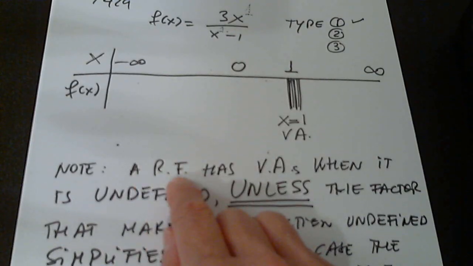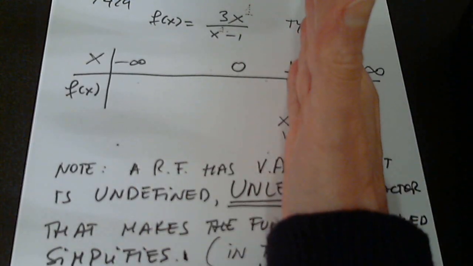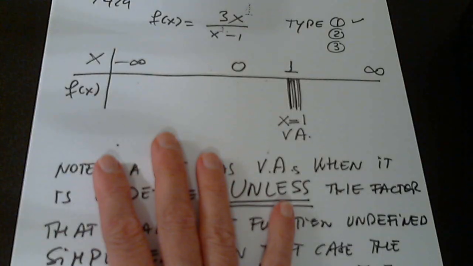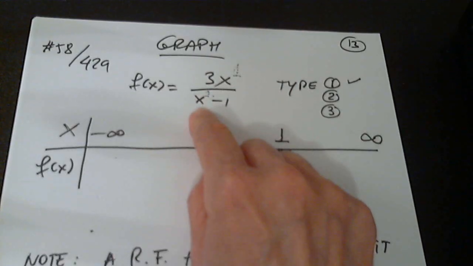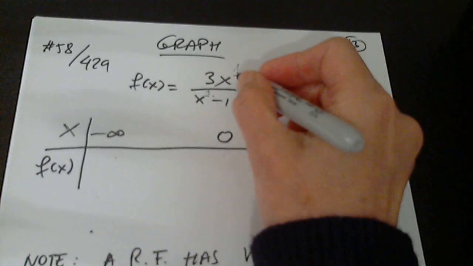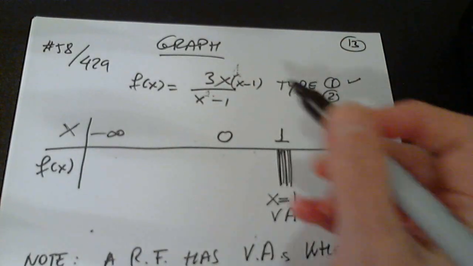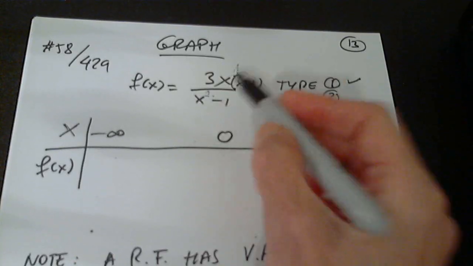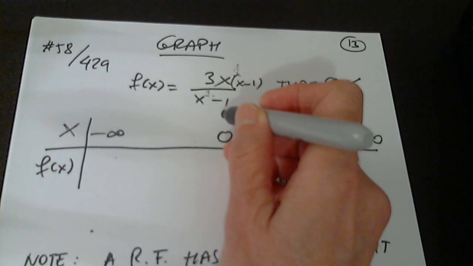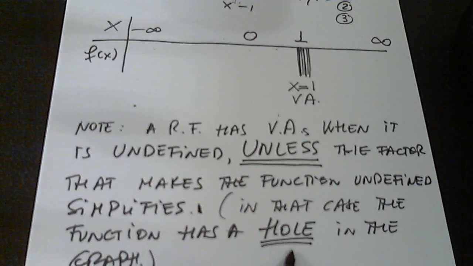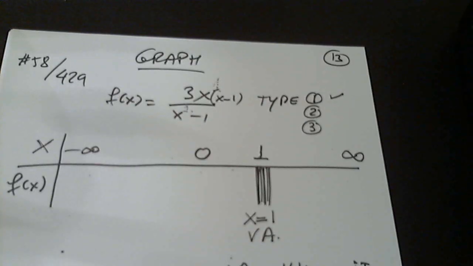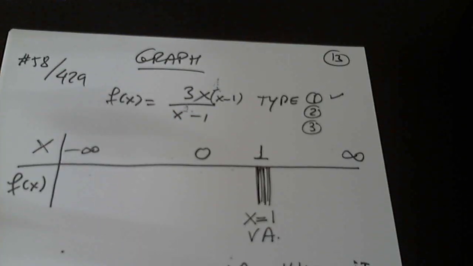So a rational function has a vertical asymptote in general, but if I have a factor of x minus 1 here, and that simplifies, the function is still undefined at 1, but it will not have a vertical asymptote, but a hole. This is not our case right now, but I cannot mention the whole truth.